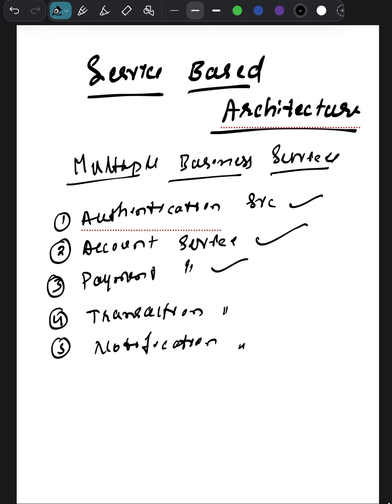Payment service to process the actual payment, credit or debit to the respective accounts. Transaction service to fulfill the transaction, right? Where the actual money transfer is happening. The notification service to notify both the users, the sender and the receiver about the transfer. Here, each service focuses on a single business responsibility.